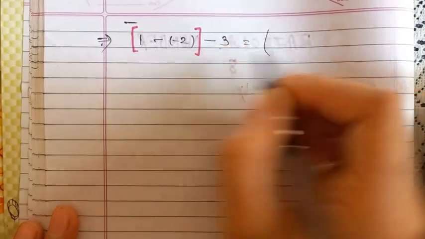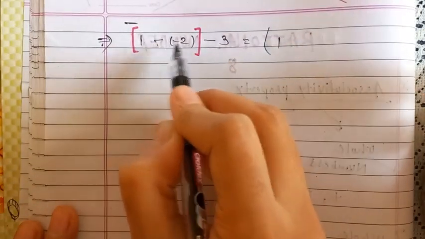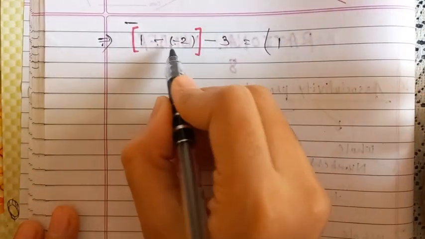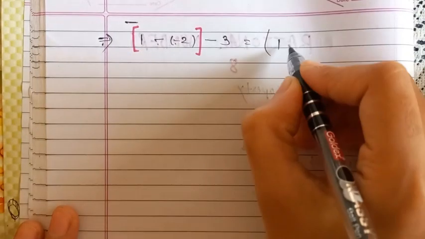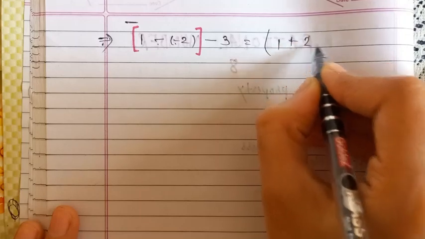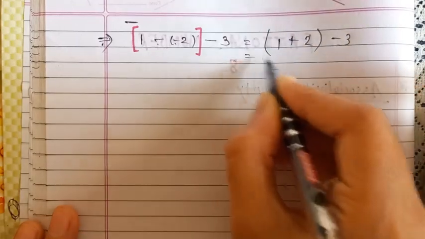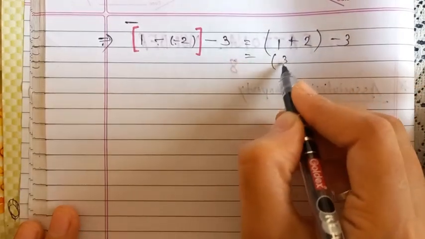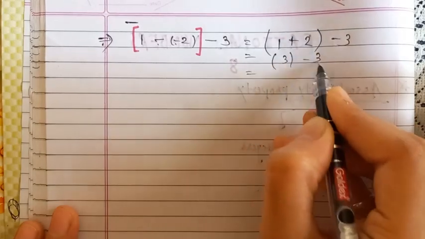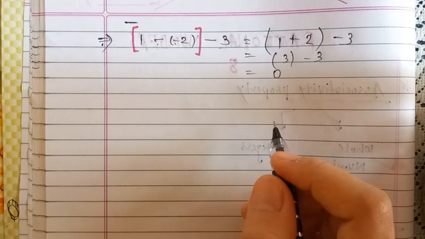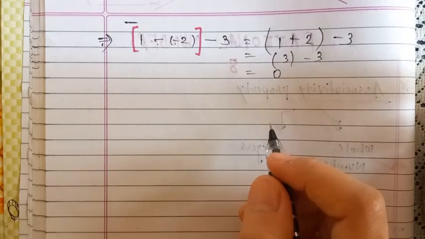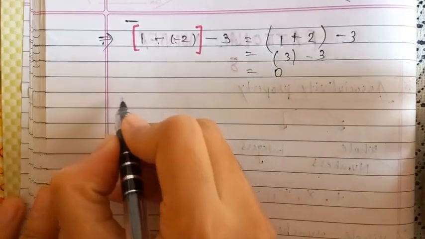So proceed with this: 1 minus -2 is 1 plus 2, which is 3. Then 3 minus 3 is 0. Okay, 0 has no plus sign or minus sign. 0 is neutral, without a sign. The 0 is 0.